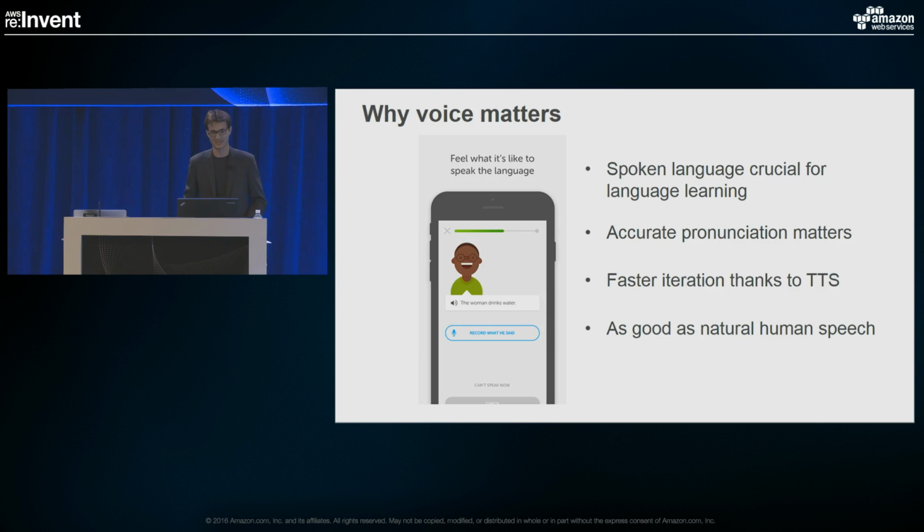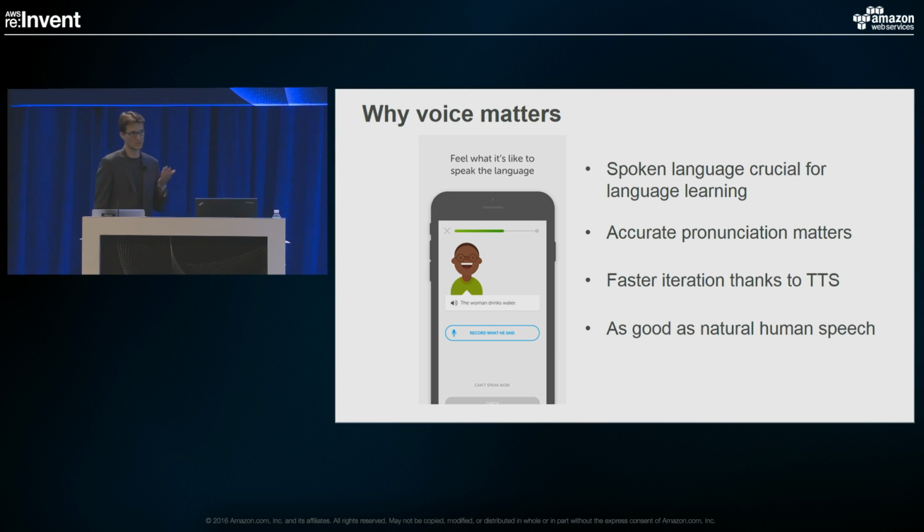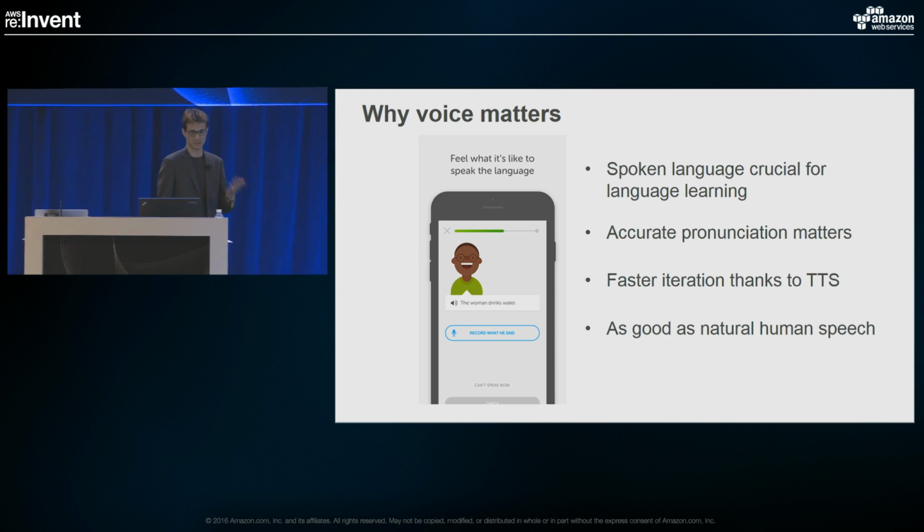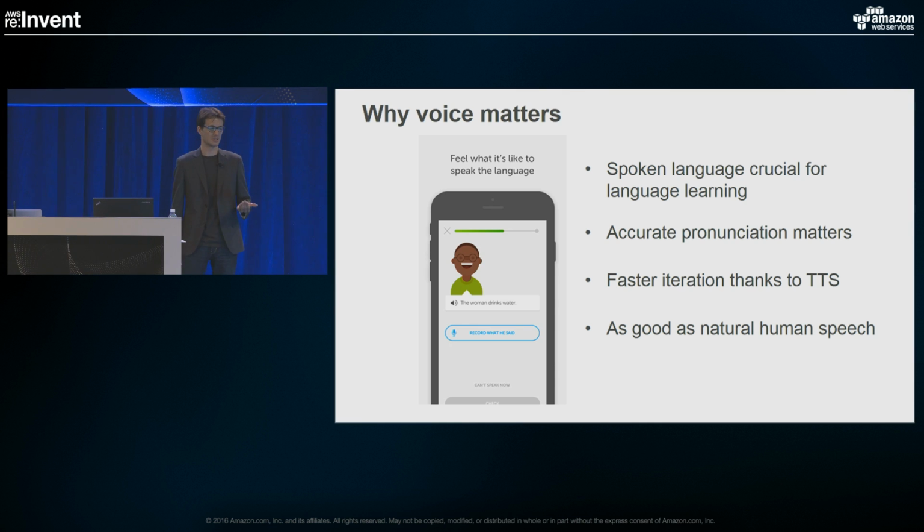So as you can see, voice really matters for Duolingo. If you want to learn a language, you want to learn the spoken language. That's really crucial. Obviously, the pronunciation really matters. If the pronunciation is bad, you're going to learn the wrong pronunciation, and then people won't understand you when you actually go to the country.